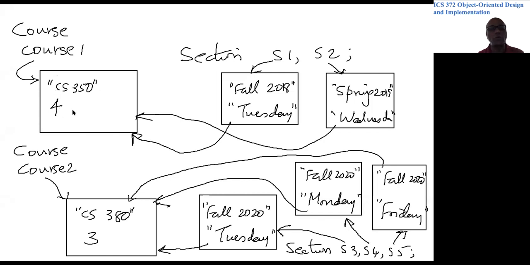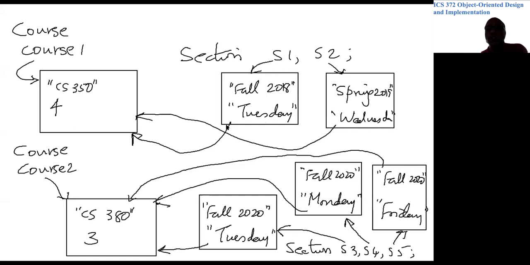I didn't put more attributes here because it gets really cluttered. There is a second course, course 2. It is CS380 for 3 credits. And there are 2 sections here, offered fall 2018 and spring 2019 on Tuesdays and Wednesdays respectively. And they are both for CS350.